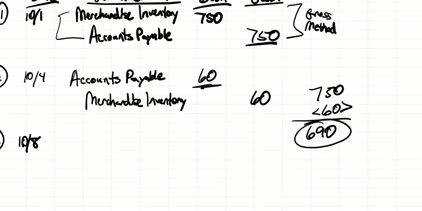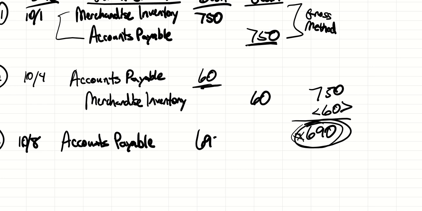Since the cash payment was made on October 8th and our balance in the accounts payable account is $690, we're going to debit accounts payable for $690. That's going to eliminate the balance in that account.